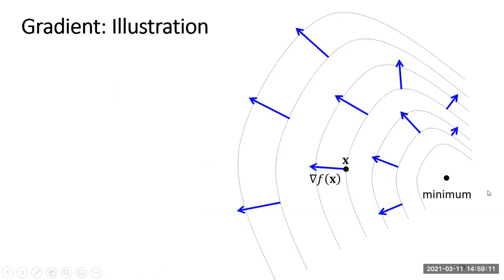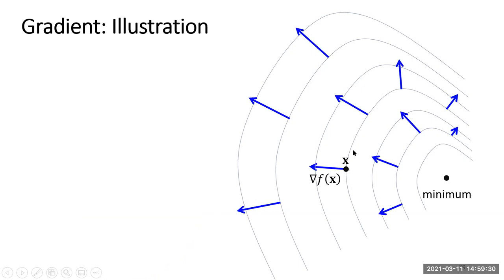So this is another function. This is the minimum, and these are the contours for f of x equals constant for different values of the constant. Given this point x here, this is the gradient. These blue lines represent the gradient.